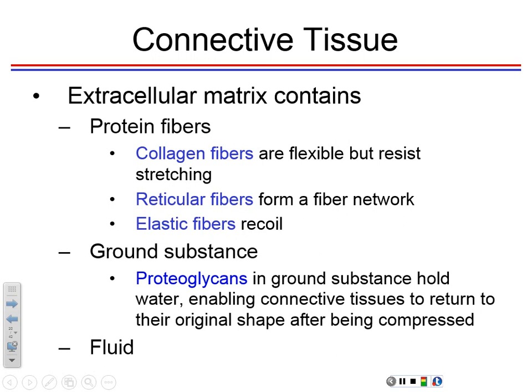Like collagen is a fiber. So you have more collagen fibers in there, and then a few spaces for cells, like chondrocytes for cartilage. So you've got protein fibers, and the orientation of the fibers determines the strength of the connective tissue.